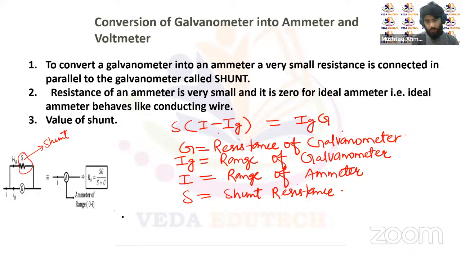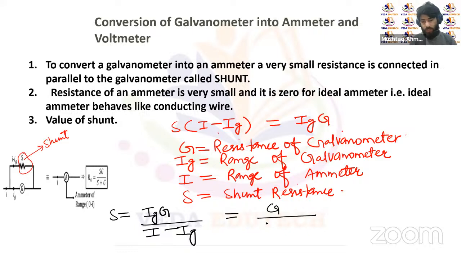So S has to be equal to IG multiplied by G, the resistance of the galvanometer, upon I minus IG. Or we can write it as G upon (I upon IG) minus 1, or G upon N minus 1, where N is equal to I upon IG.